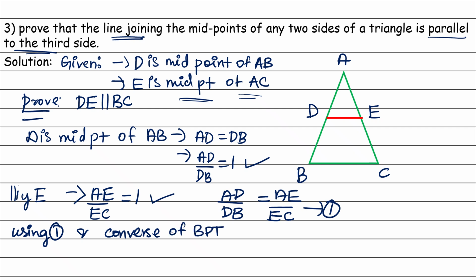Using 1 and converse of BPT theorem or Thales theorem, we are going to get DE is parallel to BC. Hence proved. We proved that it is parallel to the third side.